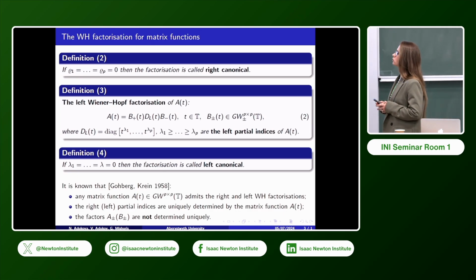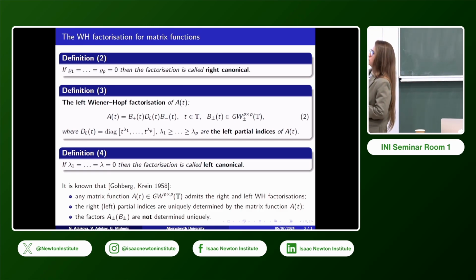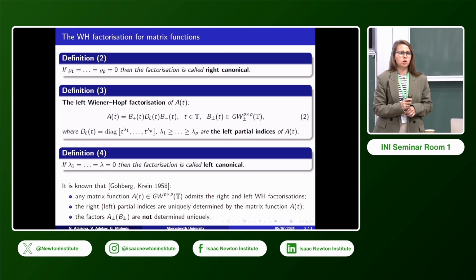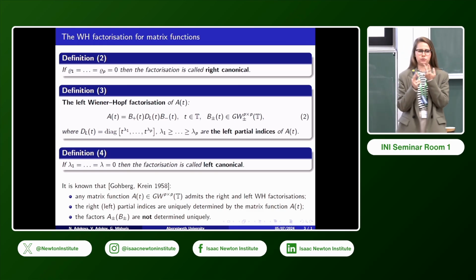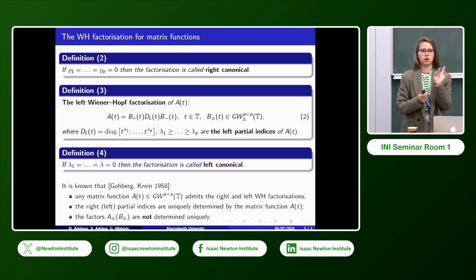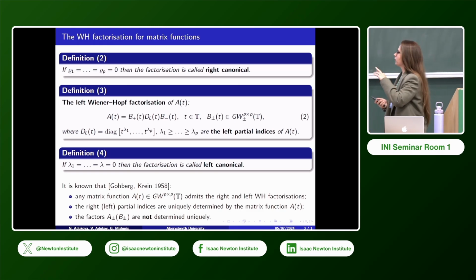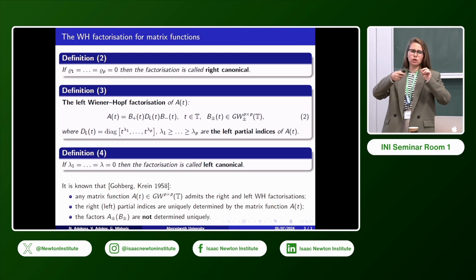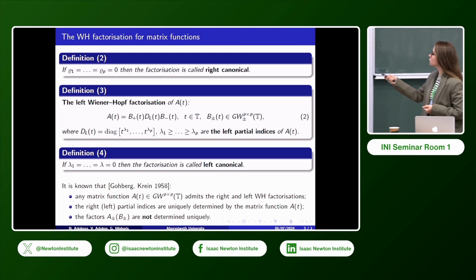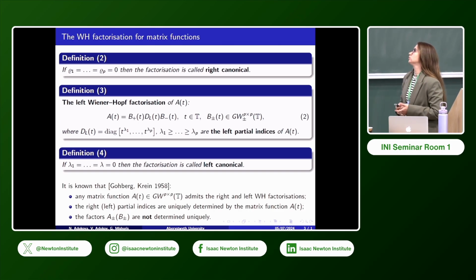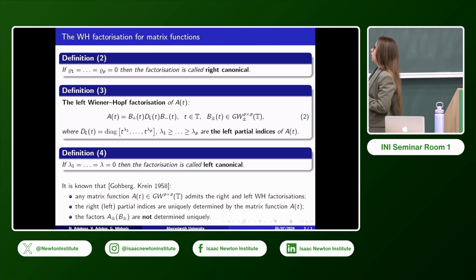Also, we have to consider the left factorization as well, because we can't permute matrices. We know that the operation of matrix multiplication is not commutative. But the definition is similar to the right one.